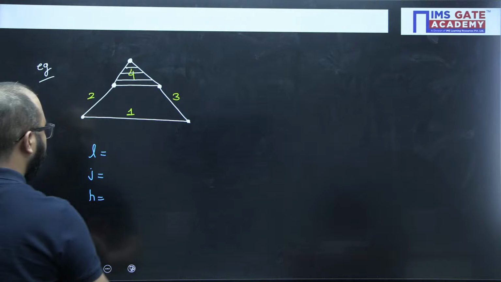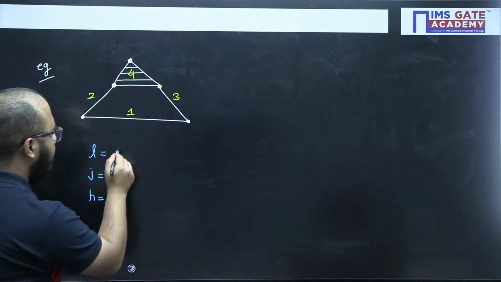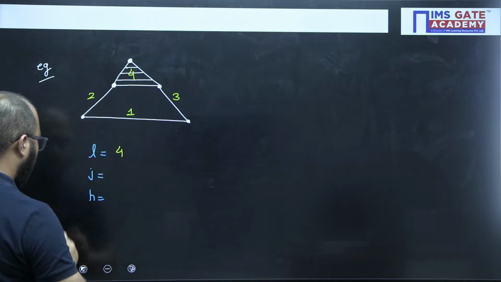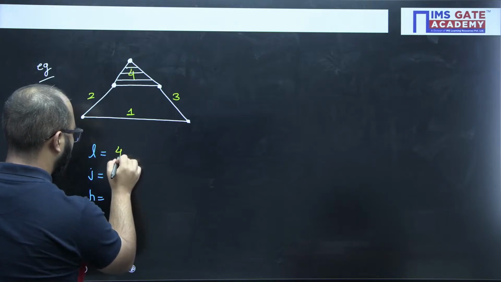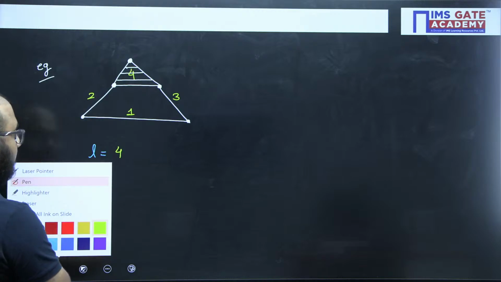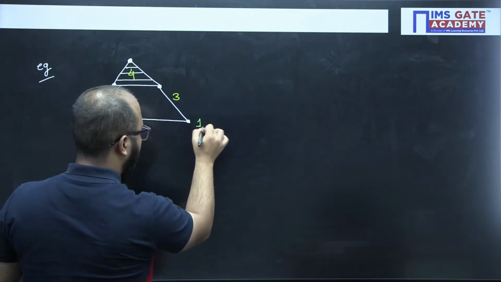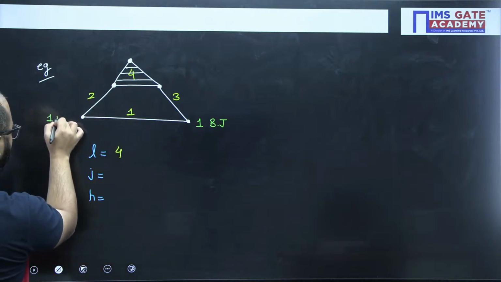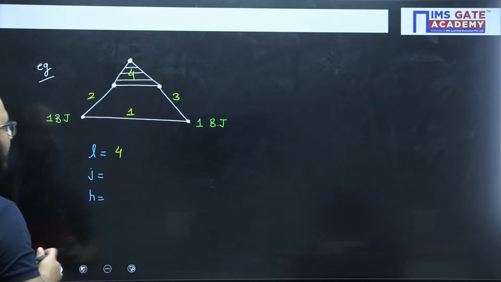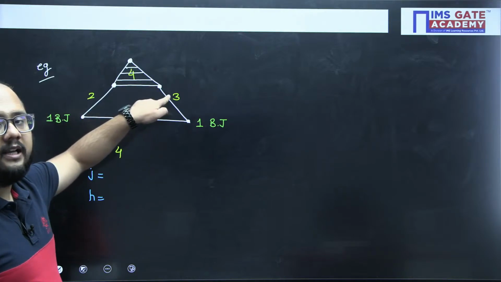Okay. So the number of links we have is 4. Now coming back to this binary joint, one binary joint. Again, at this point, how many links are connected?